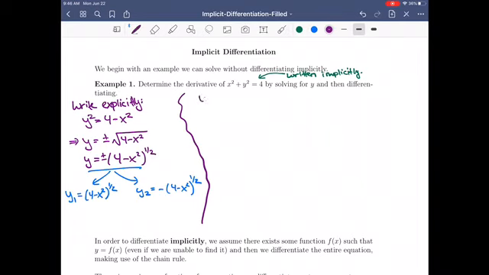Okay, so for y1, it's (4 minus x squared) to the 1/2. So if I want to take the derivative, I need to use the chain rule. So it's something to the power 1/2. So I bring the 1/2 down, and it's going to be the same thing, something to the power negative 1/2, multiplied by the derivative of the inside, which is negative 2x. So these 2's actually cancel.